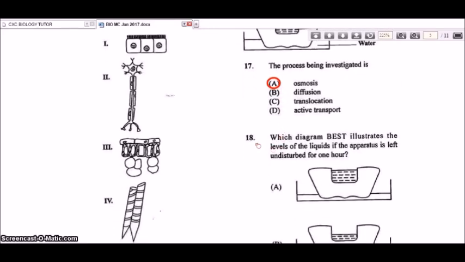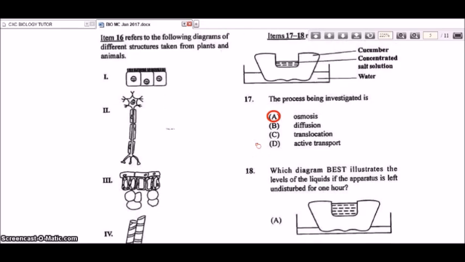Question 18, which diagram best illustrates the levels of the liquids if the apparatus is left undisturbed for 1 hour? So at the beginning you can see that we have the level of concentrated salt solution inside of the cucumber and then the level of water. So water would generally move from the container across the cucumber and into the concentrated salt solution.